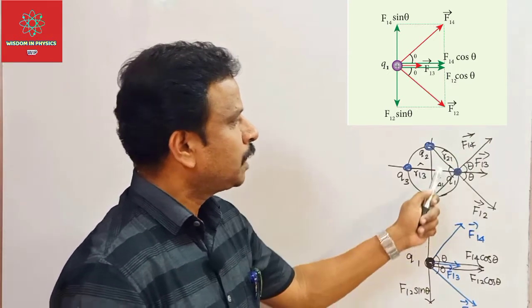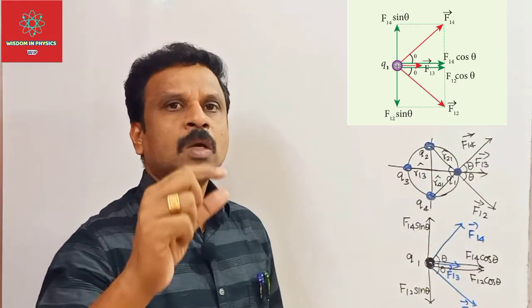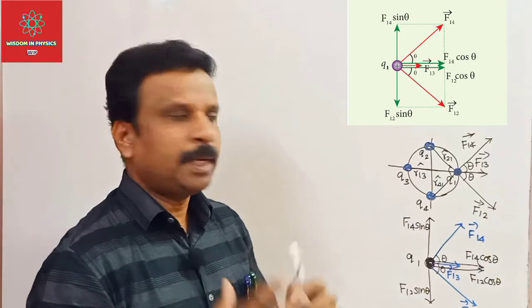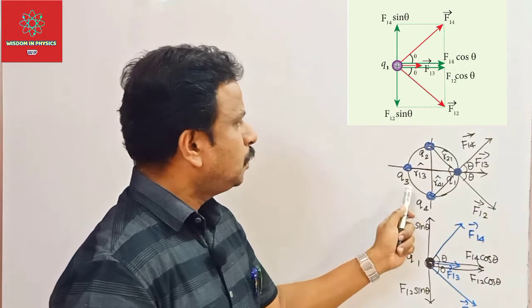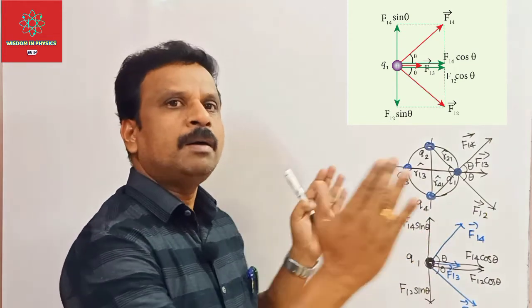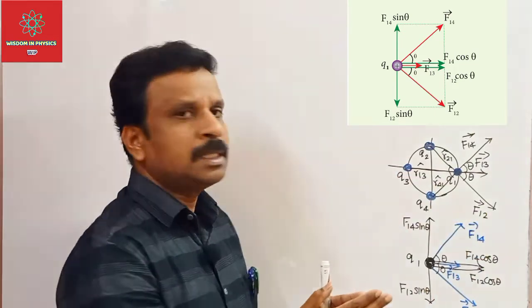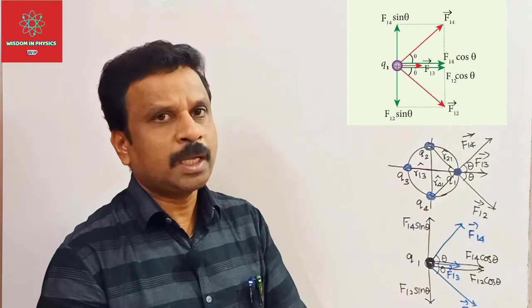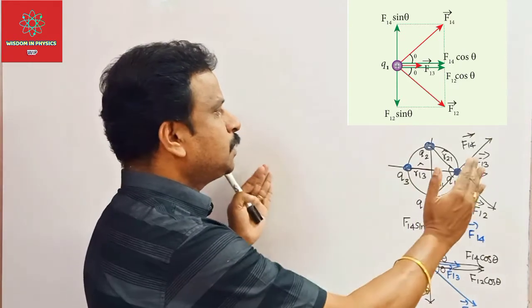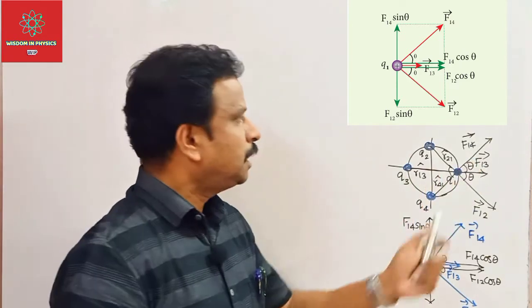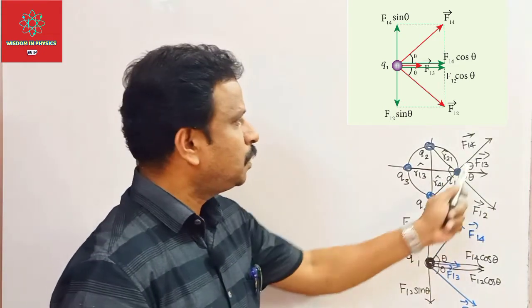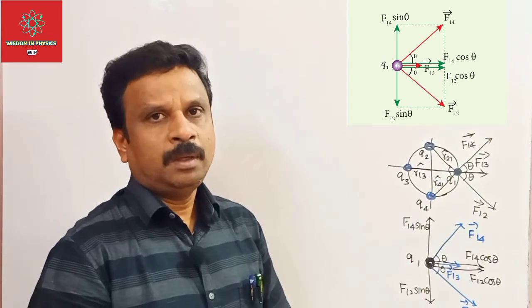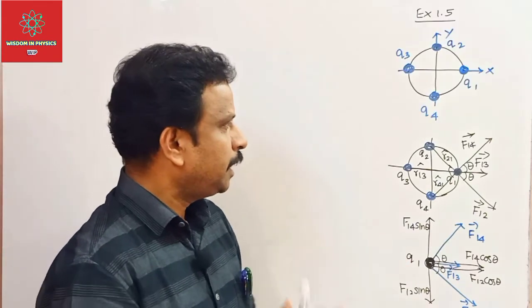Therefore the forces are represented by equal arrow lengths, but the distance of the charge Q3 from Q1 is long. Because force is inversely proportional to the square of distance, when the distance is more, the force becomes less. That's why the arrow length is very much less compared to these two arrow lengths. Am I right?